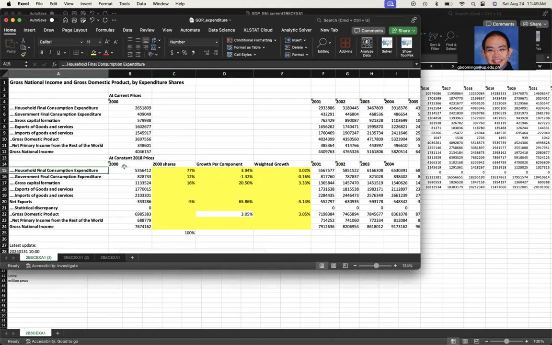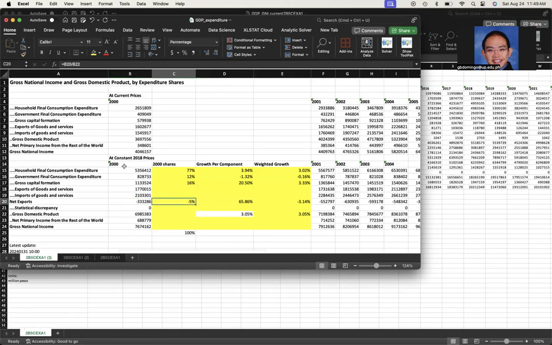Notice what we've got here. You've got household consumption, that's your C. This is your G. This is your I, or capital formation. This is exports and then imports. And here I simply added net exports, which is the difference between exports and imports. You'll notice that it's negative because we're importing more than we're exporting.